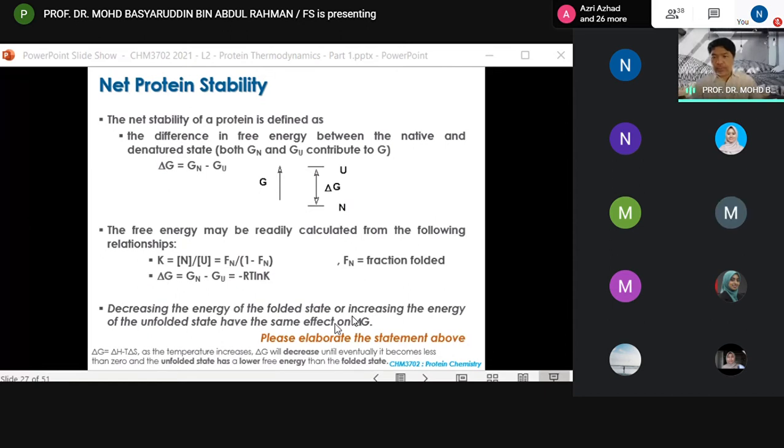So I also put information below here to help you elaborate the statement. All the information is in this slide or the previous slide. Because we have seen the delta G folding and delta G unfolding, whether it is bigger or smaller than 0, but how do you put it in your own words to match this statement?